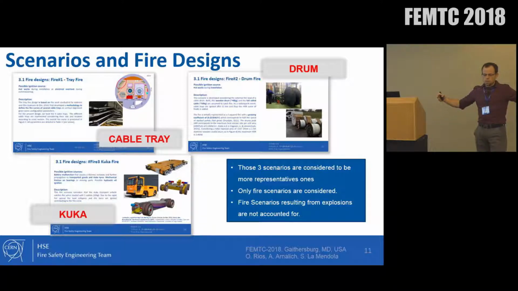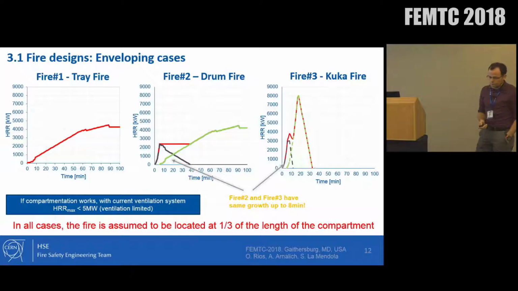Those magnets, actually these 27 kilometers, even the 100 kilometers, will be full of superconducting magnets. Those weigh a lot, several tons, and they need to be transported by transport means, and those transport means have to be electric. So there is definitely a fire hazard there. So those are the 3 fires we selected.